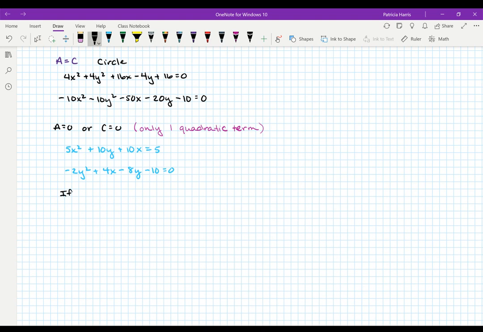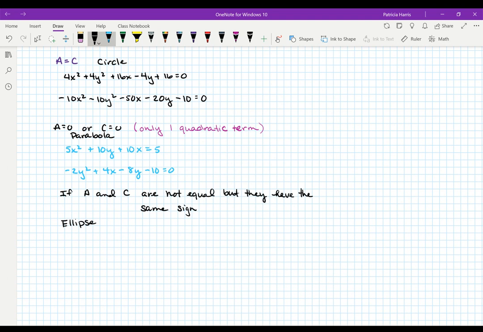If A and C are not equal, but they have the same sign. Okay, then you're looking at an ellipse. Oops, I forgot to write parabola up here. Sorry about that.